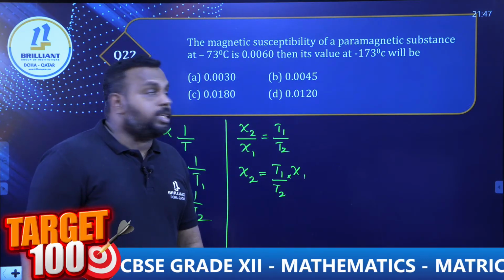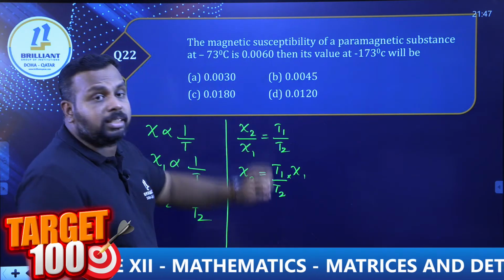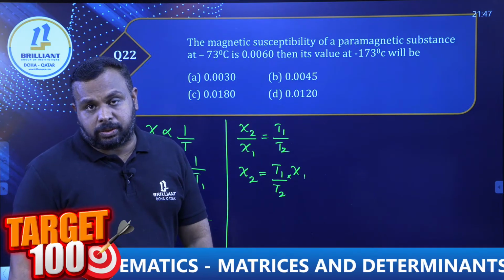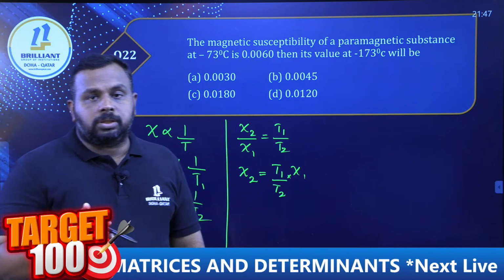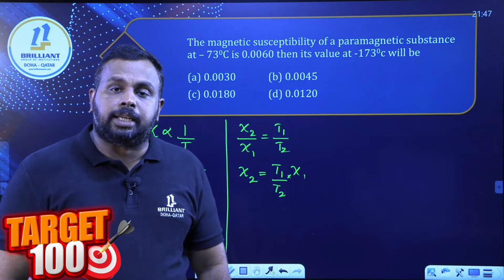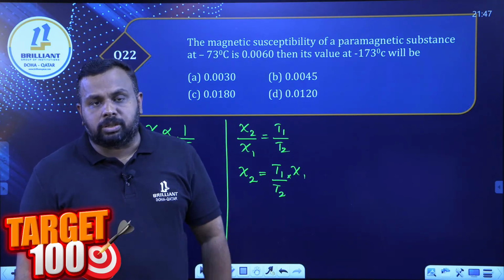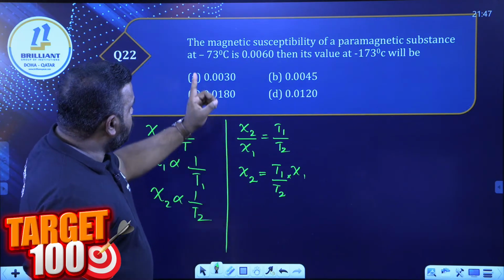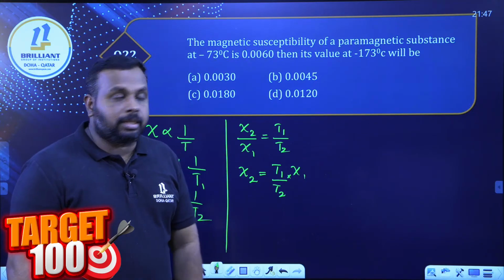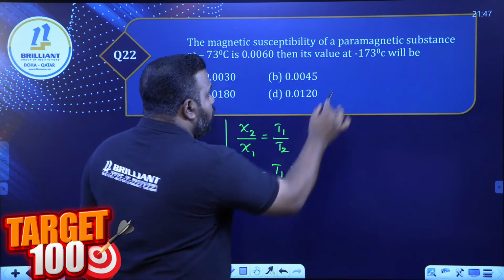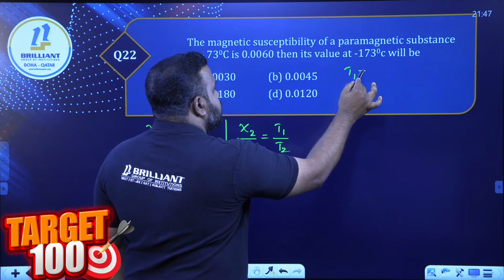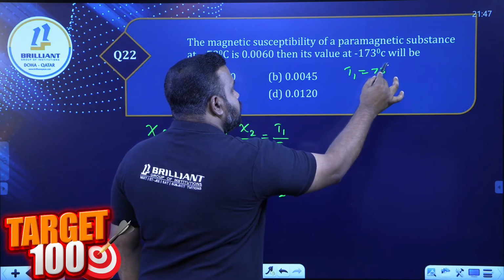Here, what is the initial temperature? Initial temperature is minus 73 degrees Celsius. My dear students, please don't substitute that temperature as it is, because the SI unit of temperature is Kelvin. It is not degrees Celsius. So first you have to convert that temperature into Kelvin. T1, the initial temperature, is minus 73 degrees Celsius.